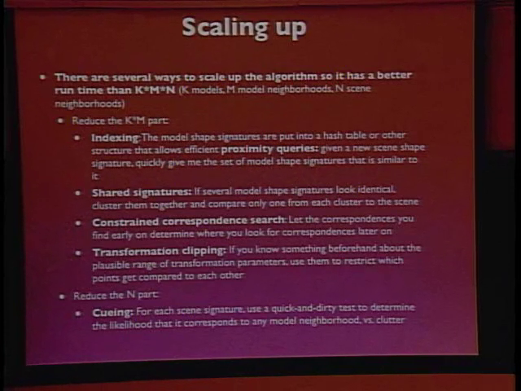If you take a scan of the desert, your tank or whatever you were trying to detect might be a teeny tiny percentage of it, but the rest of the terrain, being perfectly flat, has very boring shape properties. It's going to have no curvature, and no variation in that curvature as you look in a neighborhood around it. So you can potentially just say, I'm not going to look at any scene signatures that have low curvature. So cueing is this kind of idea.